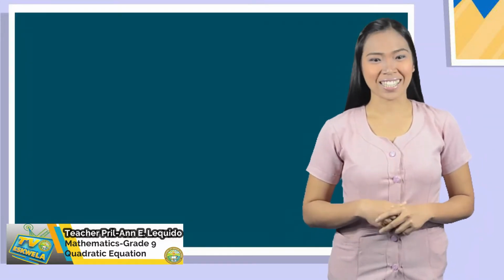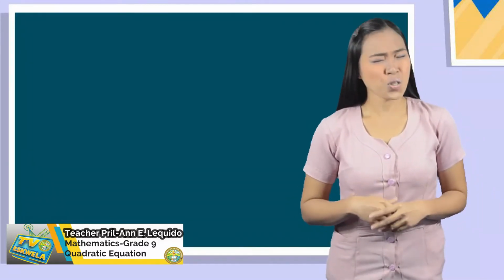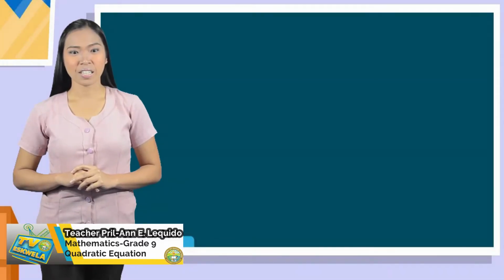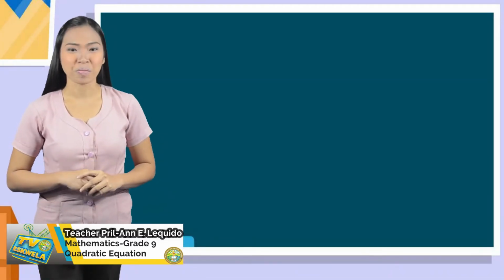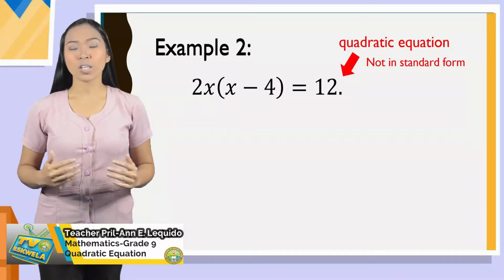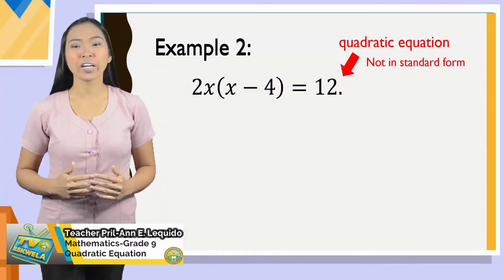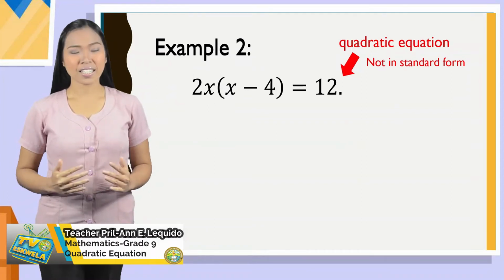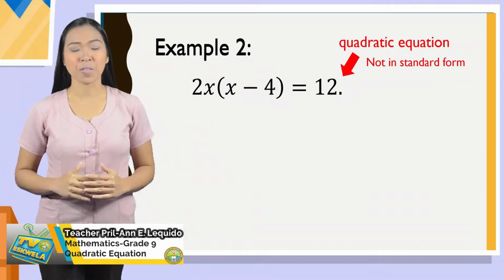Good to hear that. Now, let us try something challenging. This time, we will use some of the mathematical concepts you learned in the previous years. Second example, 2x times the quantity x minus 4 equals 12. This is a quadratic equation.